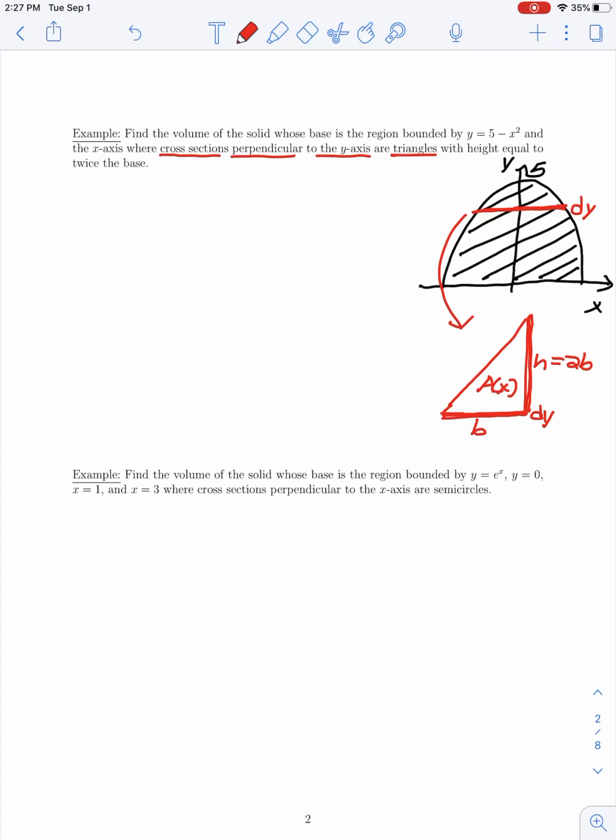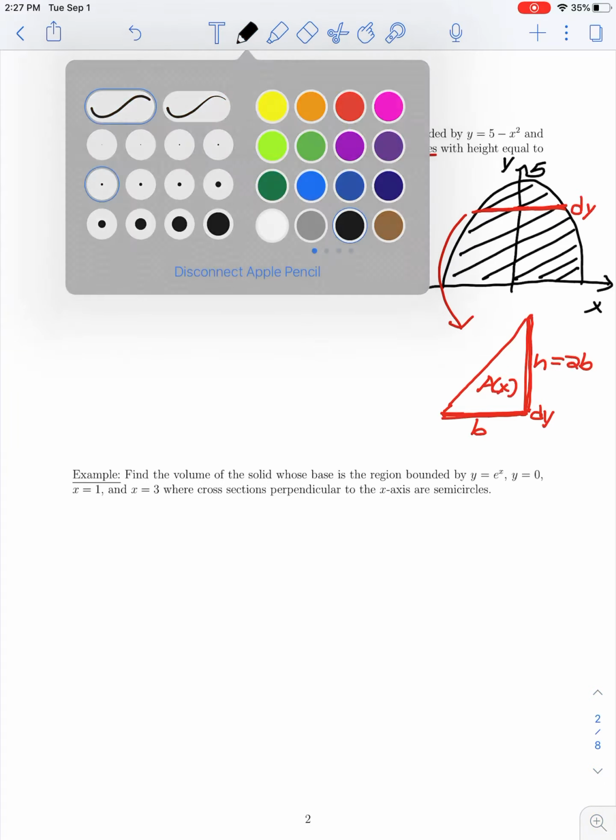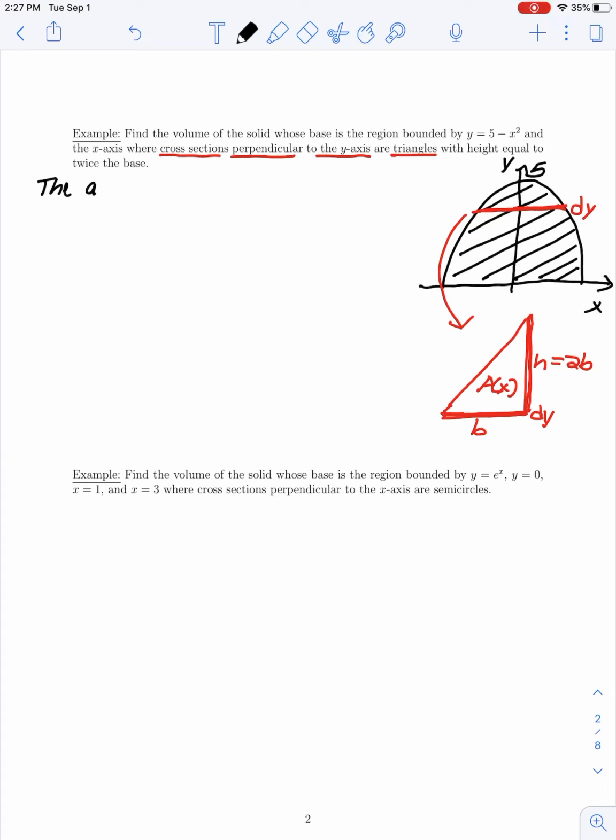So in general, we would have the area. And here, let's see, I shouldn't use A of x. Since I'm slicing along the y-axis, the area of a slice is going to depend on the value of y, how far above the x-axis I choose my slice. So the area of this little cross-section we're going to call A of y instead of A of x.